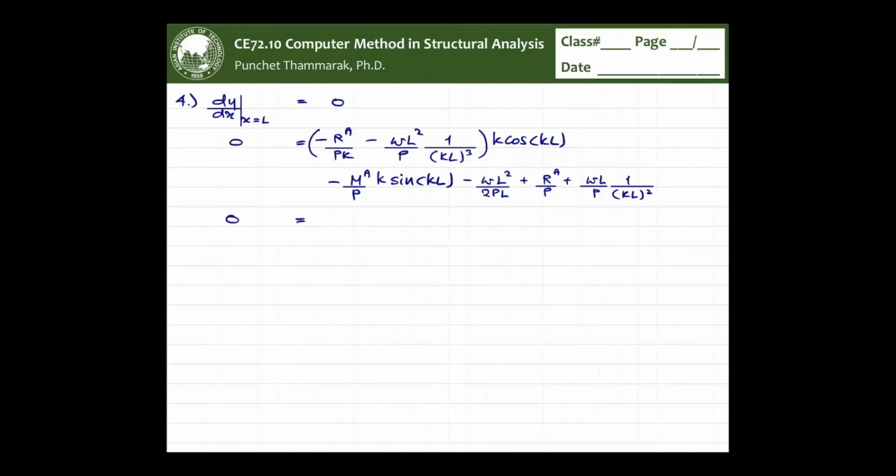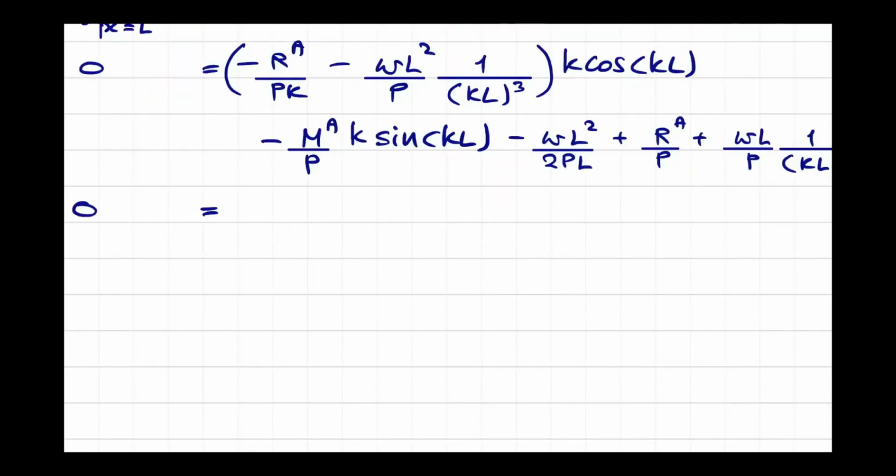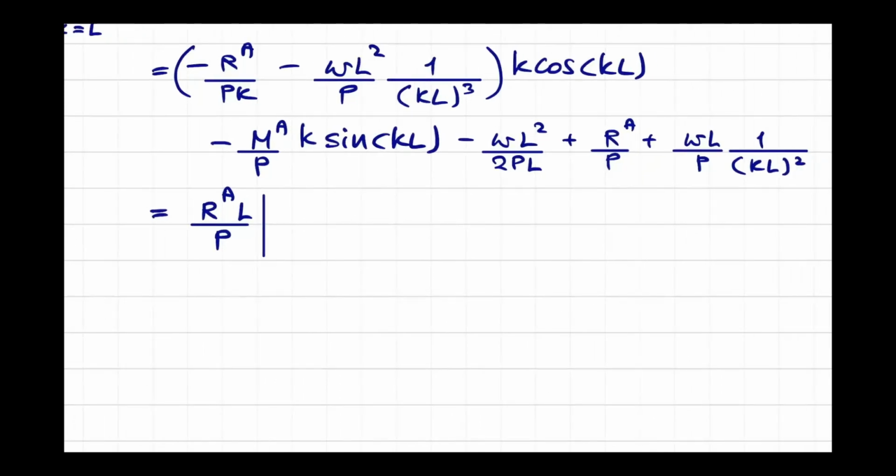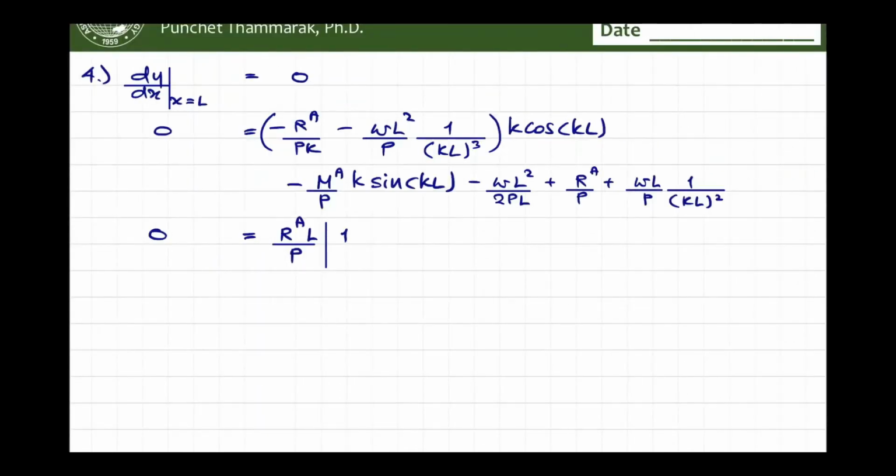And we move forward. Start with the RAL over P. We have 1, we have minus cosine KL. That is the RAL over P terms.